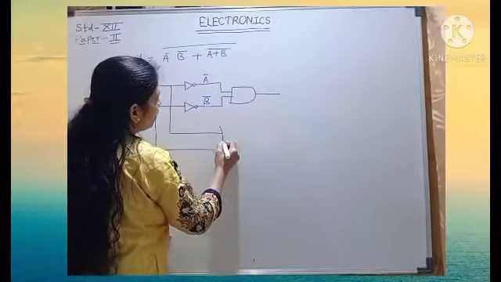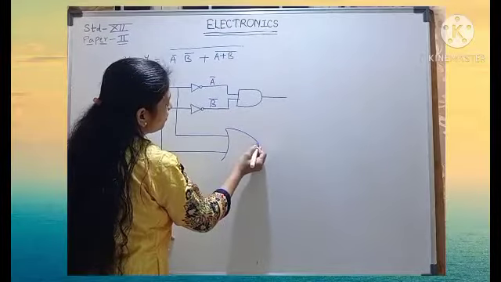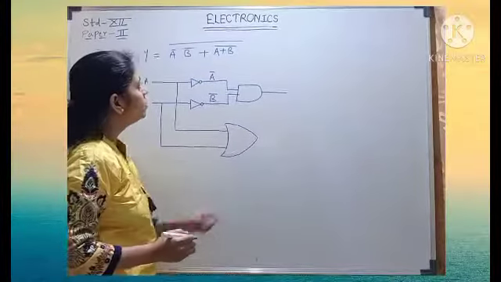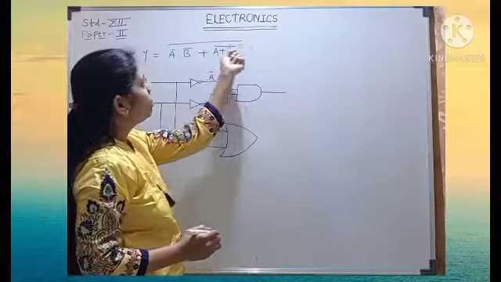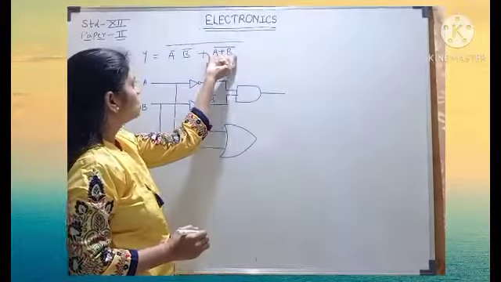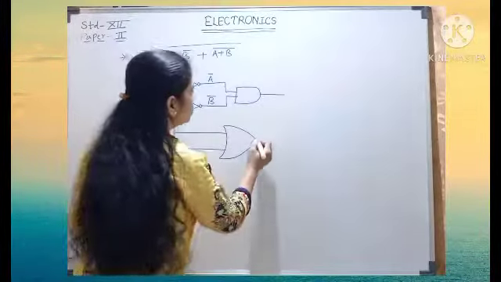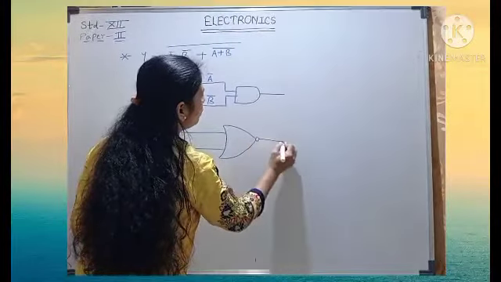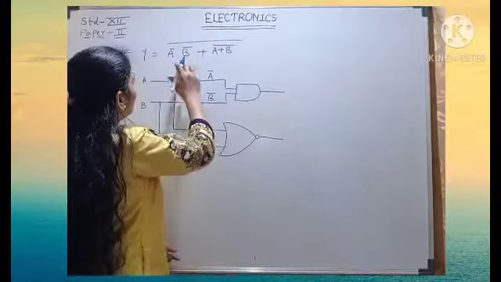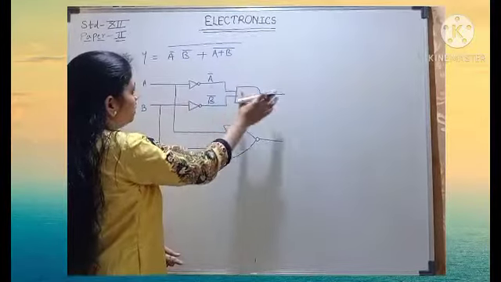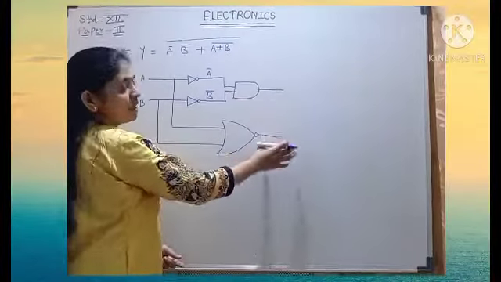Plus means what? We are using here OR gate. And with that OR gate, their complement is there. And we know this is the equation of NOR gate. So we have to draw here one bubble.